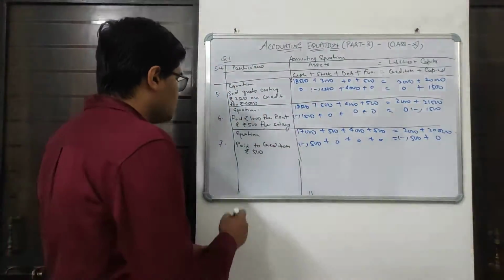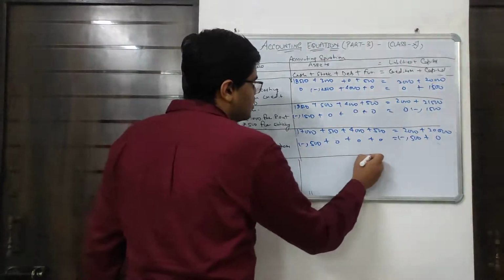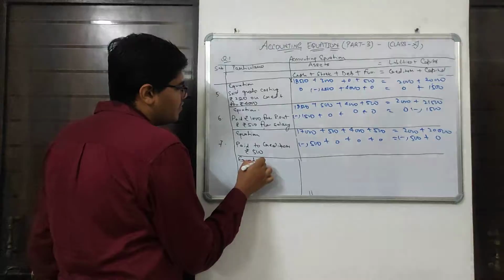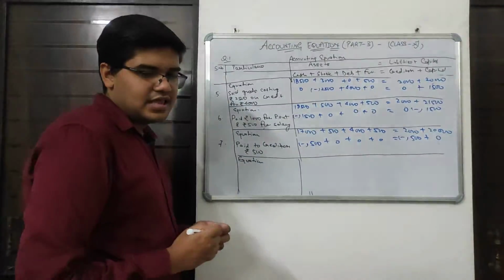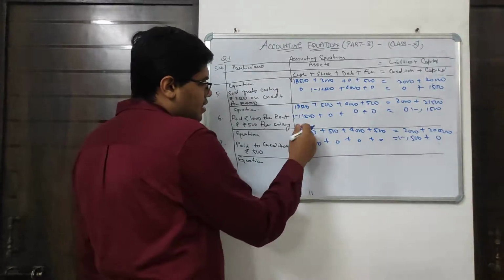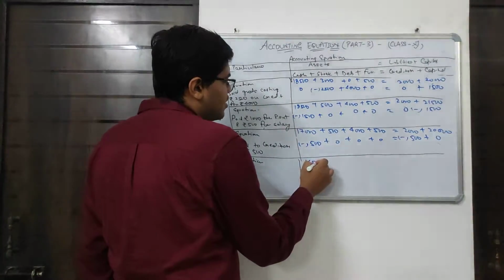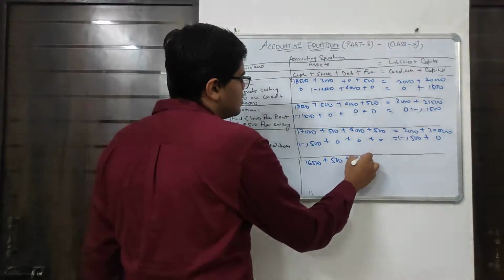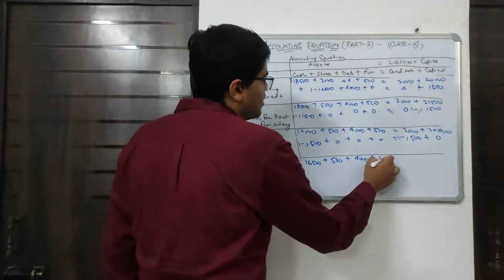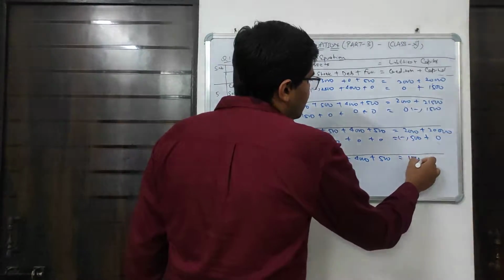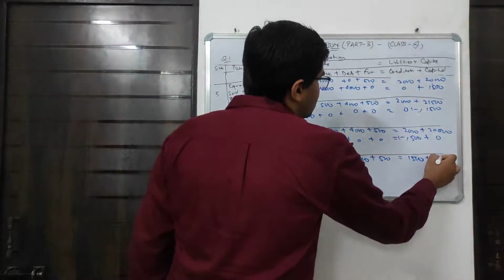Moving on to the eighth transaction, but before that we have to frame the equation of 7. That is 16,500 plus 500 plus 4,000 plus 500 is equal to 1,500 plus 20,000.